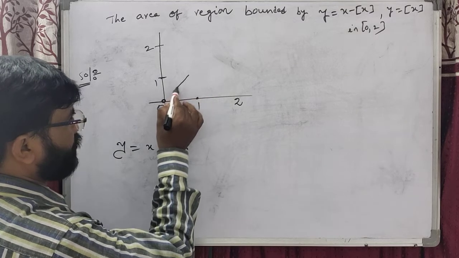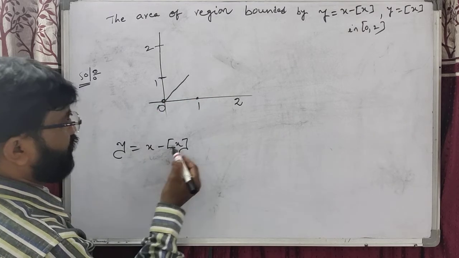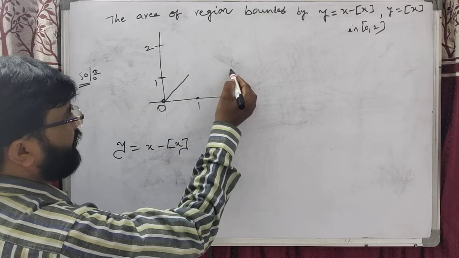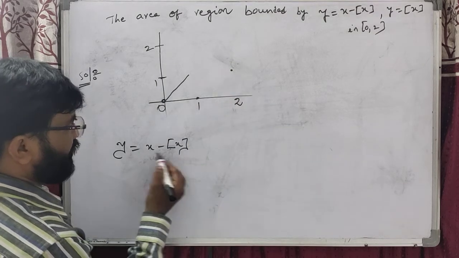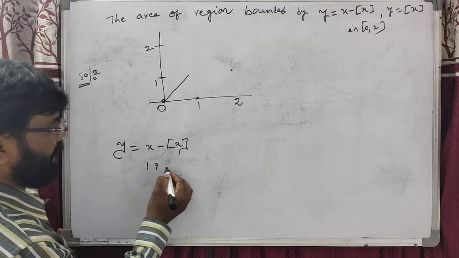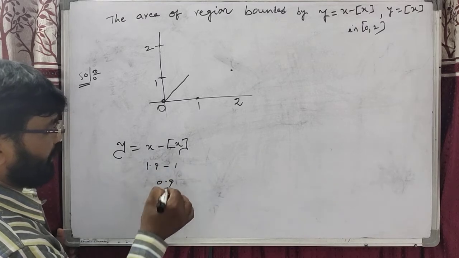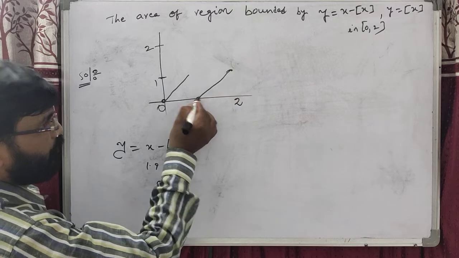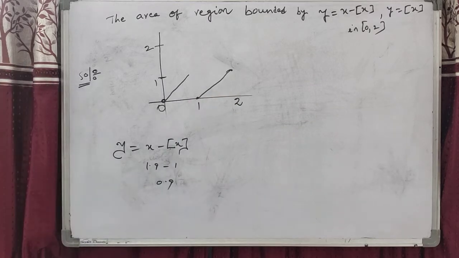Directly, except 1: when we take 1, 1 minus 1 is 0. Dear students, up to 1.9, suppose we take 1.9, the step is 1, again we get 0.9. Dear students, this is the graph of x minus step x.